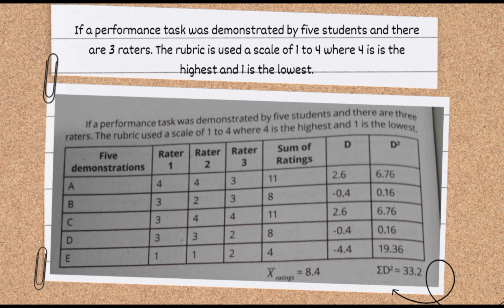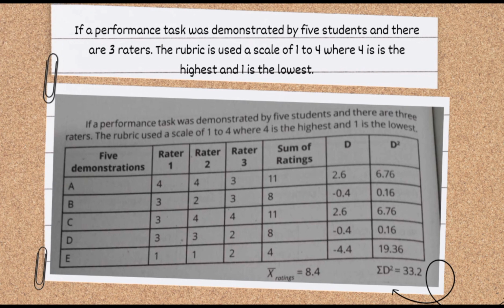We have there the sum of ratings, the D, and the D squared. You can see that 4 is the highest rating of the raters and 1 is the lowest, since the rubric used a scale of 1 to 4 where 4 is highest and 1 is lowest.